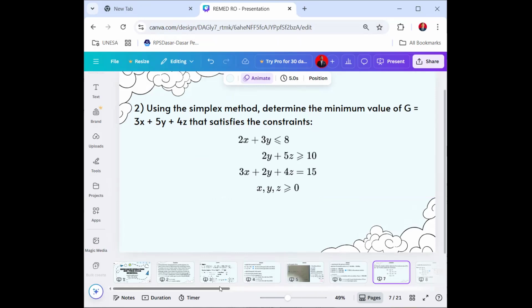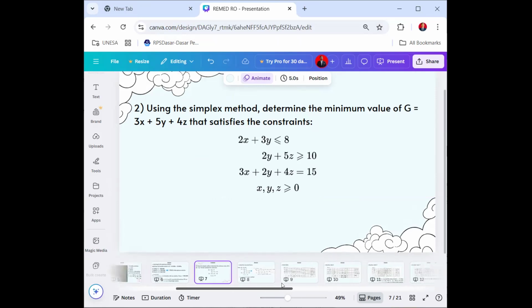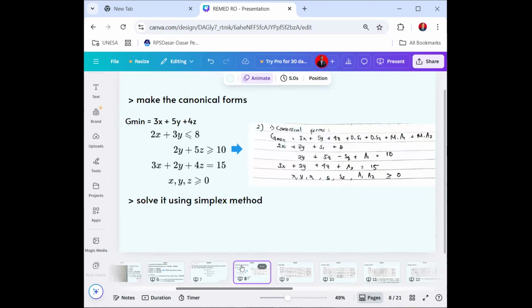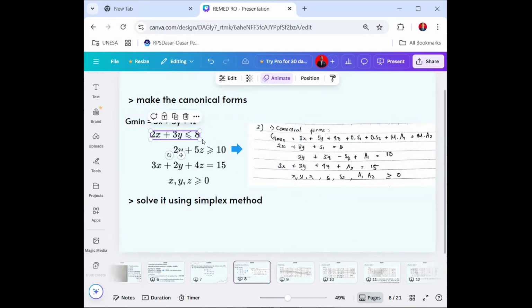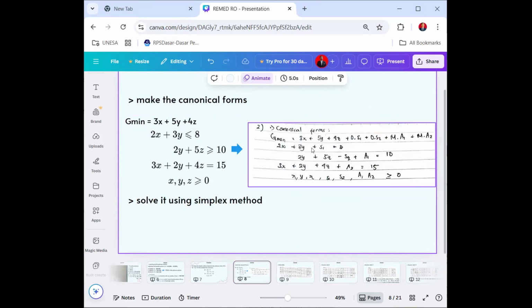So what we do is we need to make the canonical form, or standard form, as some people call it. To do that, firstly, if the equation is less than or equal to something, then we just need to add a slack variable here.